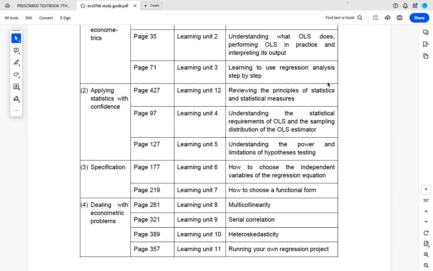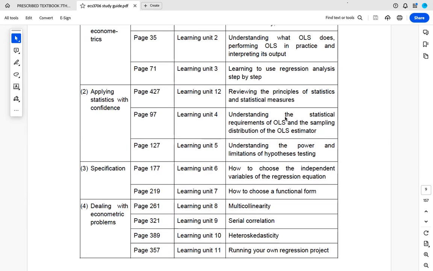And the way this module is structured, I didn't think it's quite appropriate for me to create notes. Like I know you'll see with my other modules, like ECS3701, for example, the prescribed textbook is quite big, and even the study guide, the way things are structured, so notes can help.